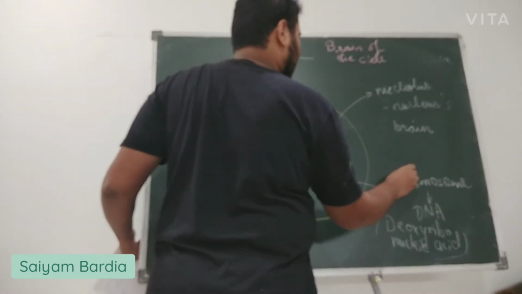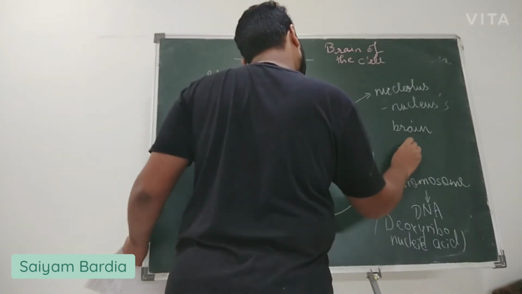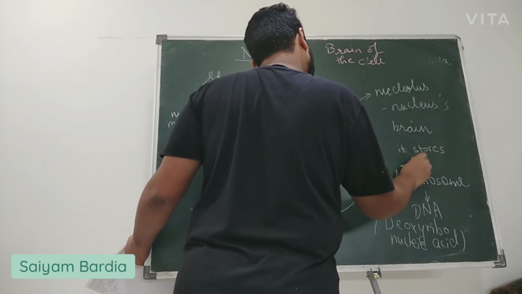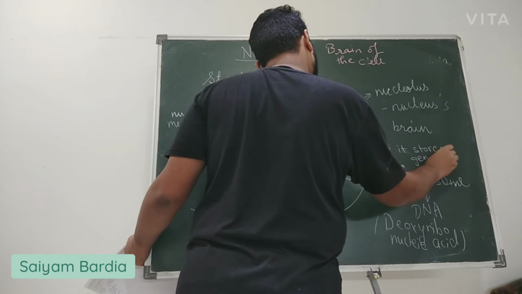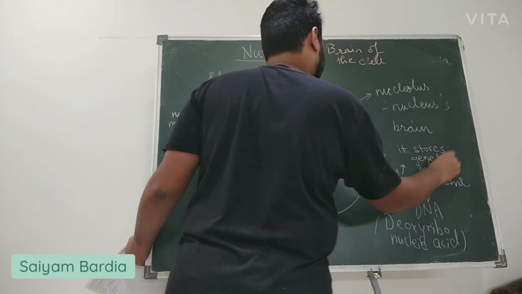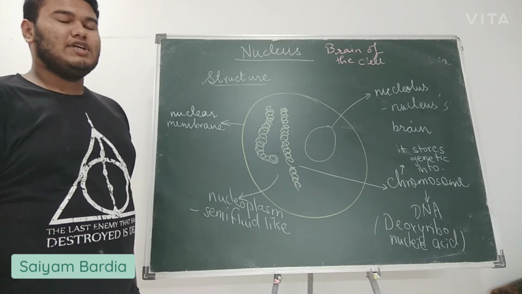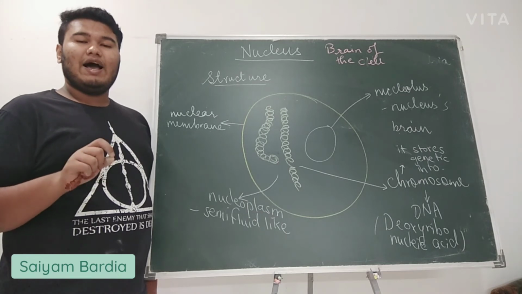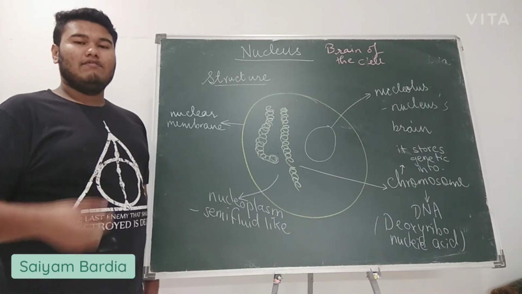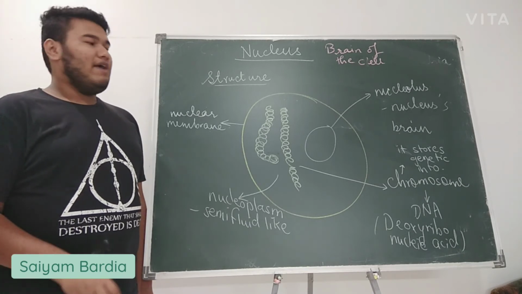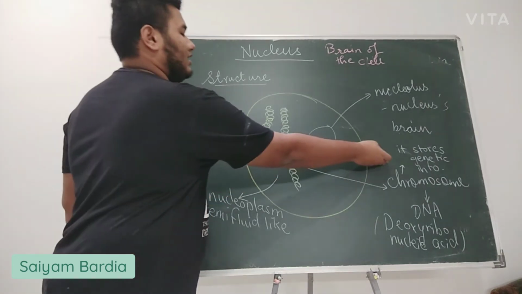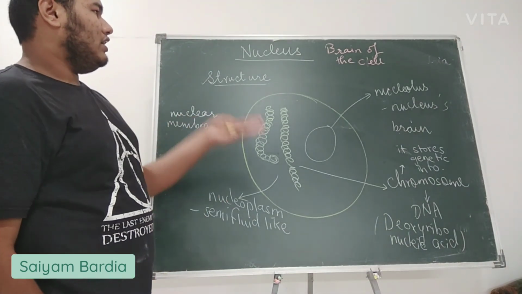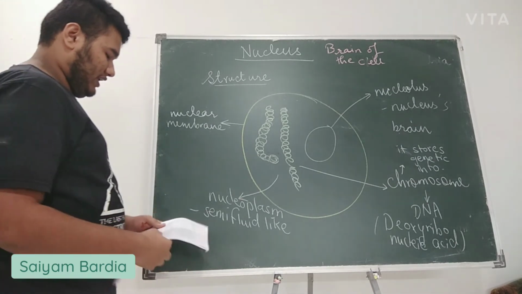The main function of this is that it stores genetic information. Now what is genetic information? The color of our hair, the color of the iris, the height, the weight, the body fat, everything is recorded in the secure database called DNA. So this is the structure of the nucleus.